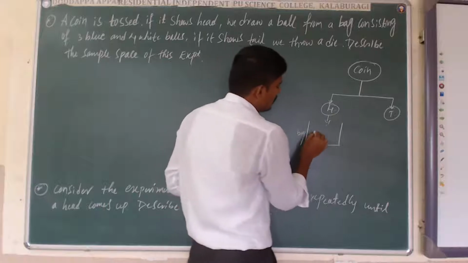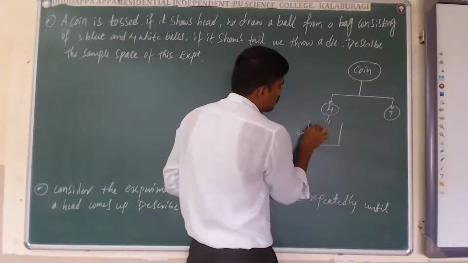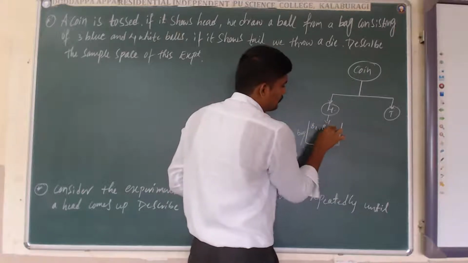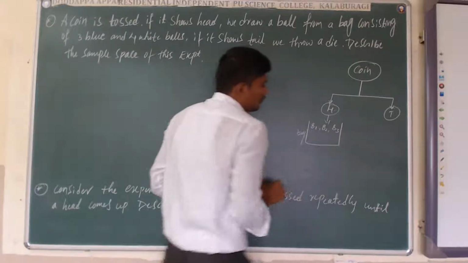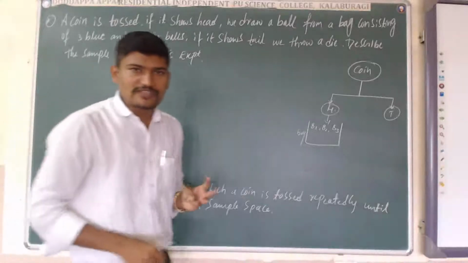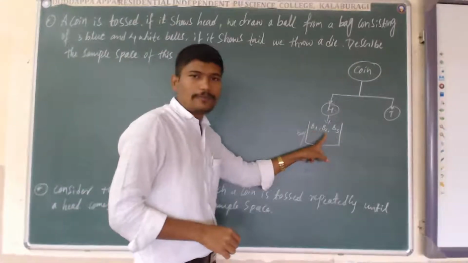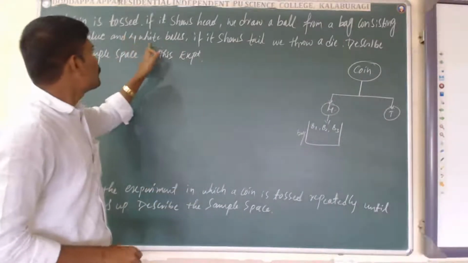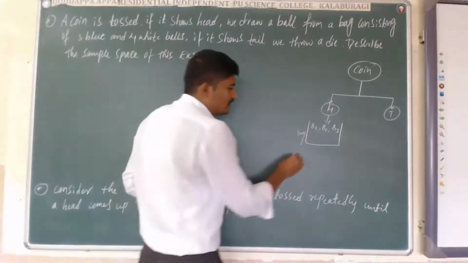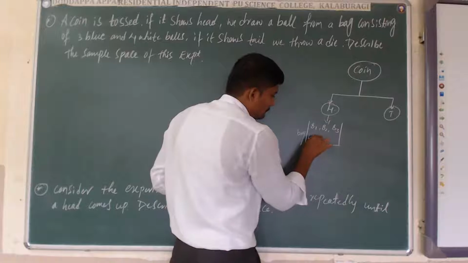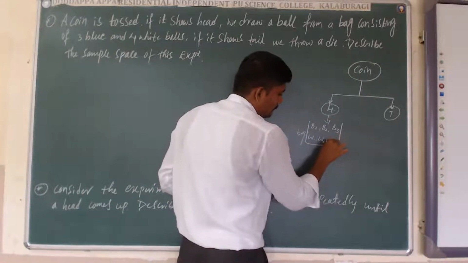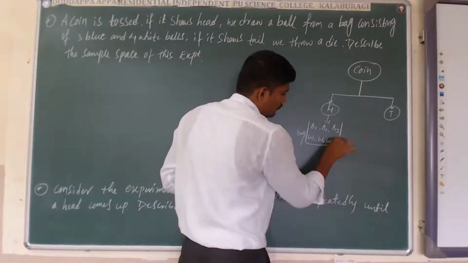This bag contains 3 blue balls, so I will be indicating B1, B2, B3. Next, 4 white balls are given, so I will write here W1, W2, W3 and W4.